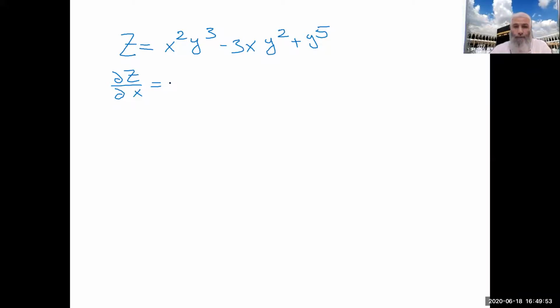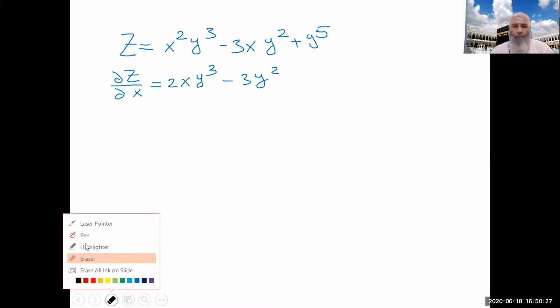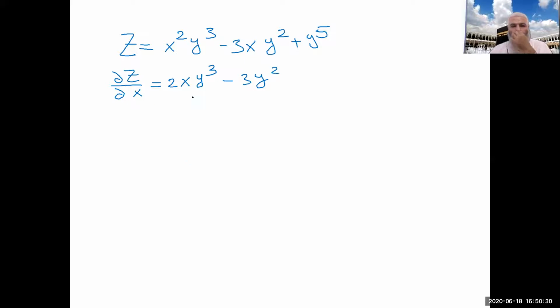The first is 2xy cubed. Minus 3y squared. Plus y power 5? Sorry, not plus, because y power 5 is constant, so the derivative of y power 5 is 0. So this is the first derivative.